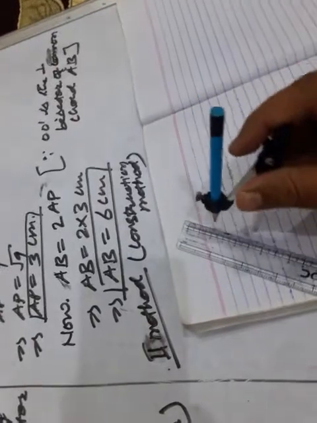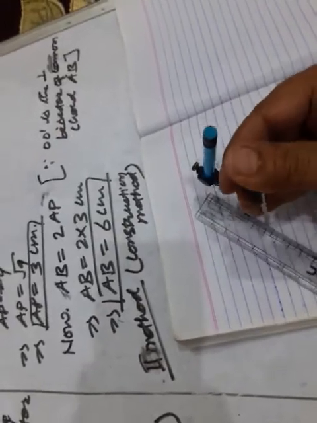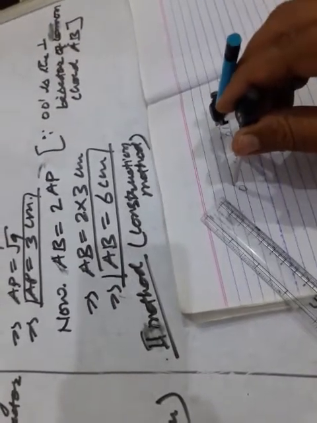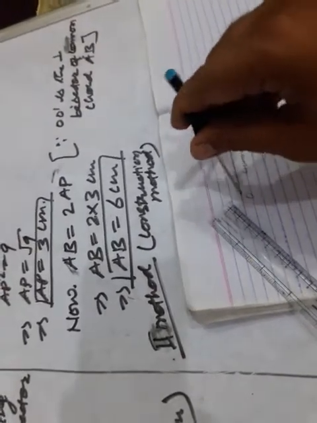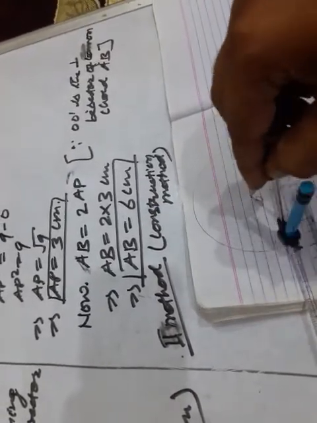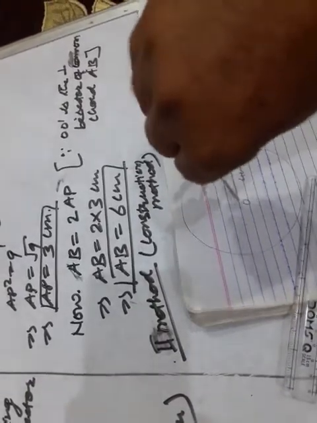Let it be 5 centimeter. Now draw a circle with center O of 5 centimeter radius. Okay, children, this is a circle with radius 5 centimeter. Clear, children?